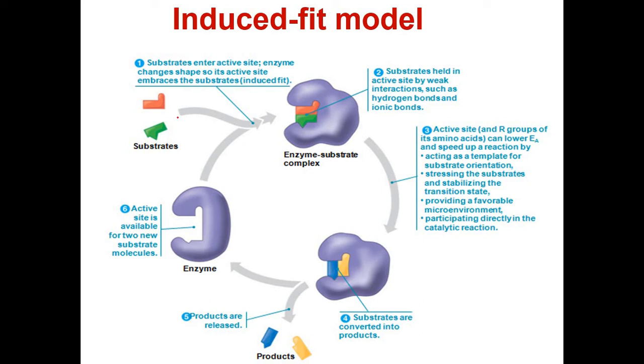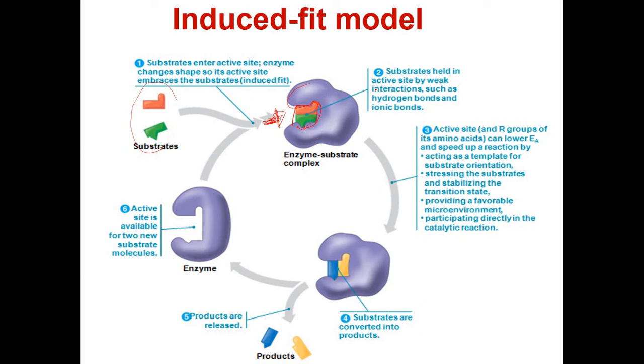Okay, so for example, these two are the substrates. So these substrates will enter. So they are not yet perfect fit, but once they enter, the active site of the enzyme will change conformation such that ma-accommodate niya ang such that it can accommodate the substrates perfectly. Okay?